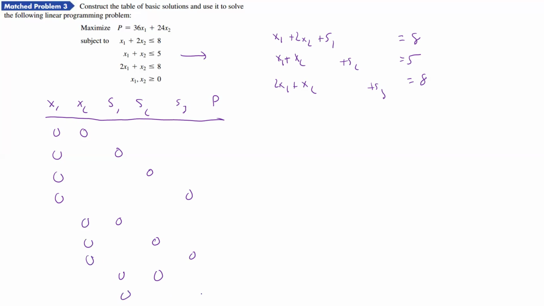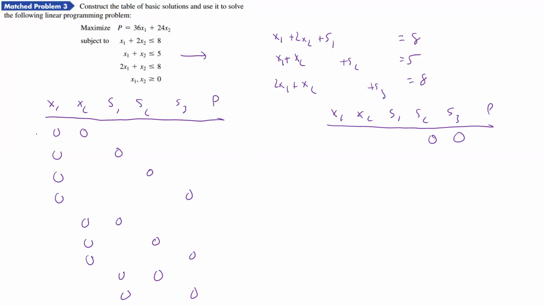And then after that, we'll have one more, and that's going to be x1, x2, s1, s2, s3, and p. And so we'll have all of those to fill in. We're going to have quite a bit more work to do on these, and that's why we're just doing this problem only by itself.